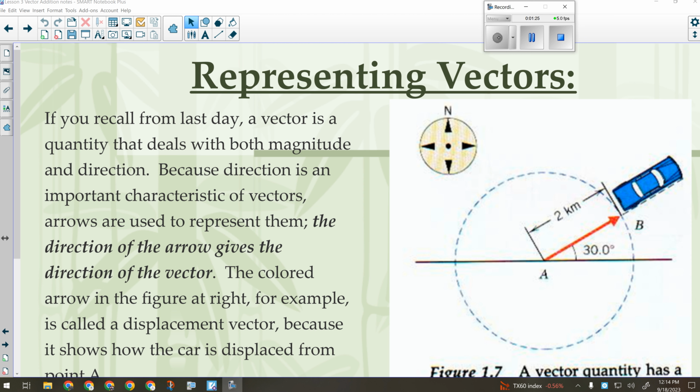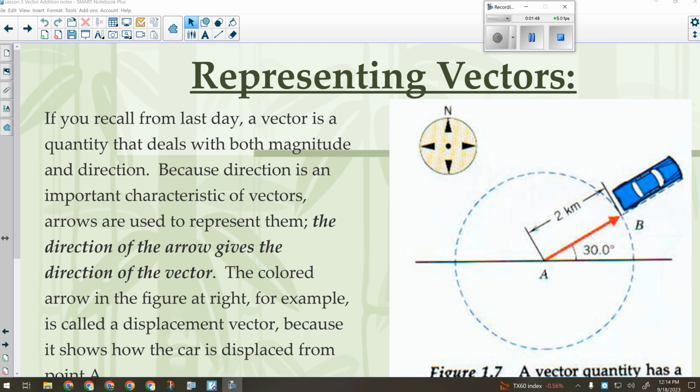Okay, so with all vector addition, we represent vectors with an arrow. And we use two things about the arrow to represent the two parts of any vector quantity: magnitude and direction. The length of the arrow represents the magnitude.